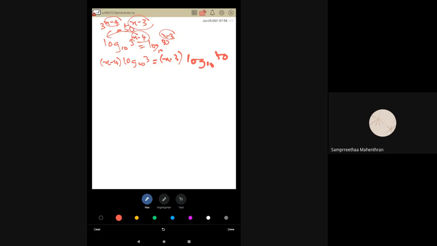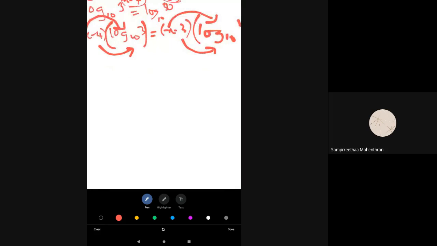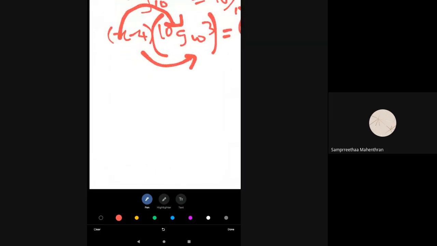Okay, so teacher, x minus 4 here, we will multiply with log 10 3, and here also we multiply with log 10 50. In the left side, x times log 10 3 gives x log 10 3, and minus 4 times log 10 3 gives minus 4 log 10 3.